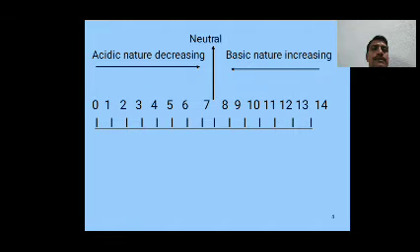When the pH value is 7, the nature of the solution is neutral. A pH value less than 7, between 0 and 7, means the substance has acidic nature.